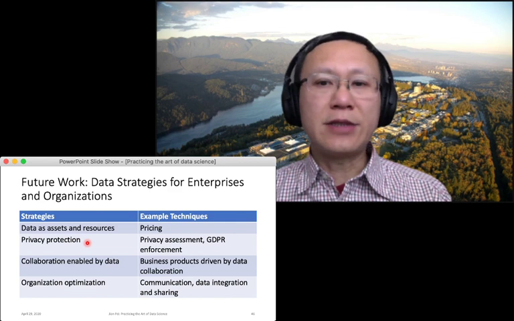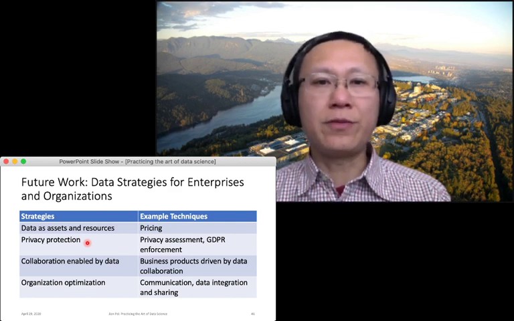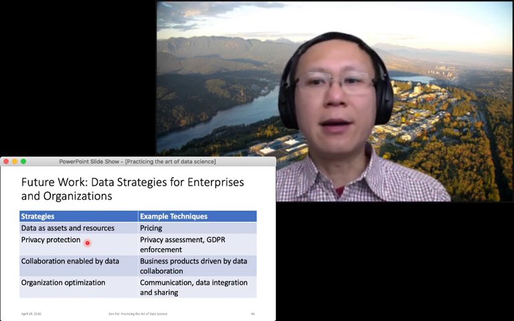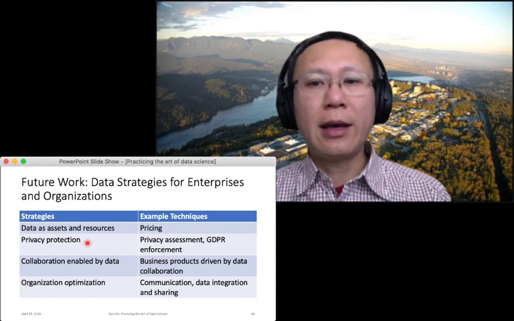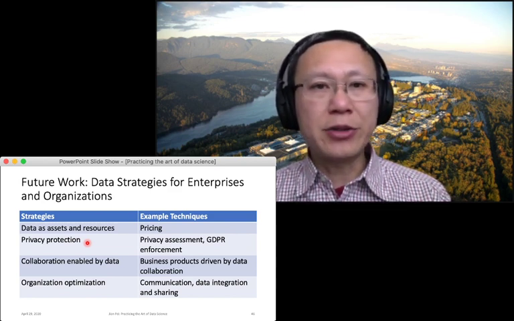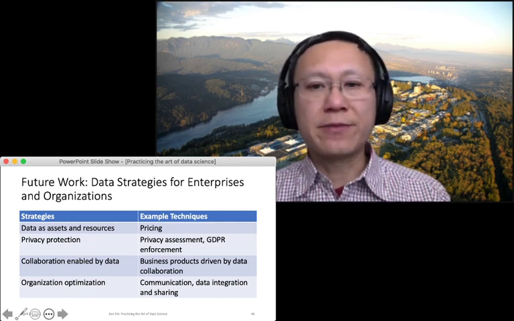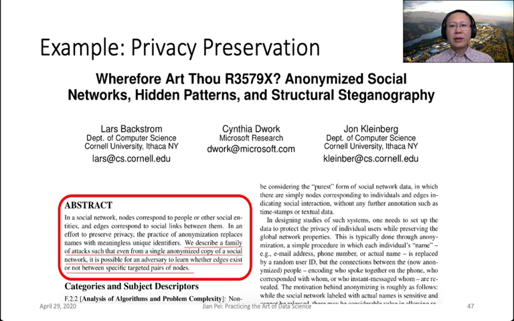And data is for collaboration, and how to build business products driven by data collaboration remains a big challenge for many industries. And of course, we need to do organization optimization in order to make sure data is really a strategy. Let me use data privacy as one example.